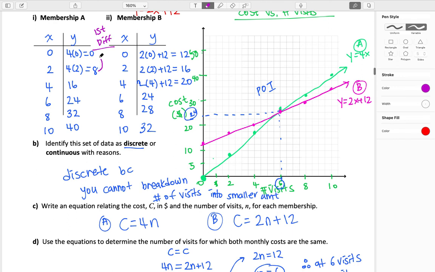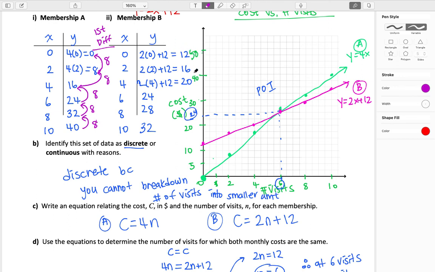So if I were to subtract 8 minus 0, it's 8. Next, 16 minus 8 is 8. Same thing again. 24 minus 16 is 8. So you should do all of them just to make sure that the first difference is always constant.